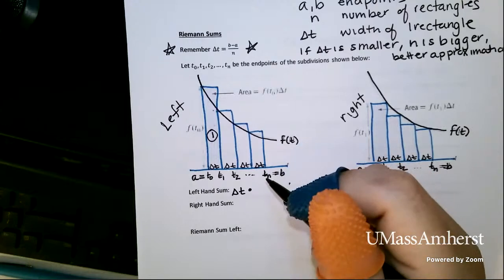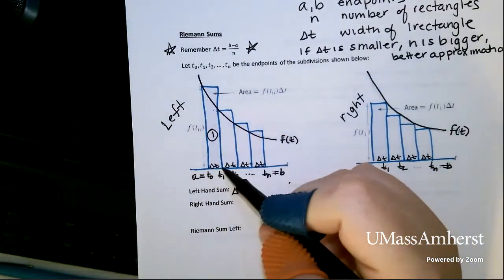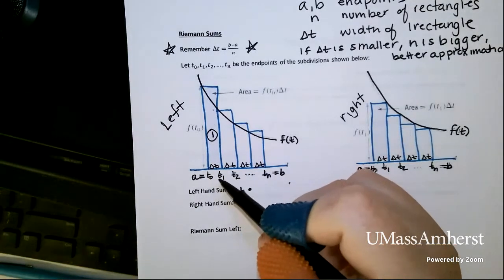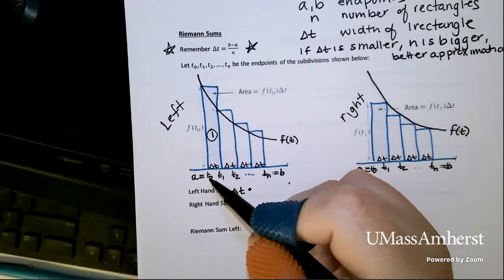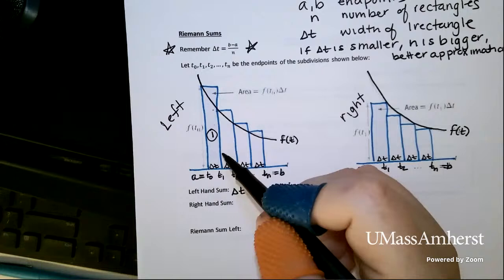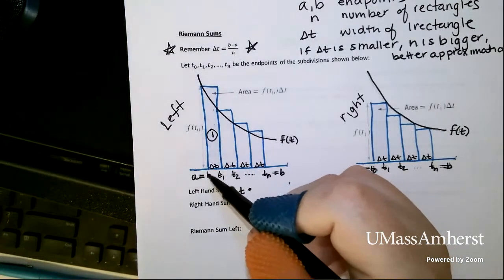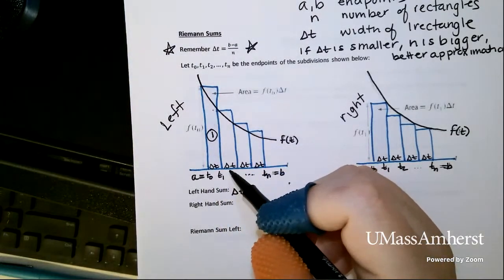So the height is the y value we get when we plug in the left-hand point between t sub 0 and t sub 1. We pick the one on the left because we're doing a left-hand approximation. So between t sub 0 and t sub 1, we're using t sub 0 to get the height of this rectangle.